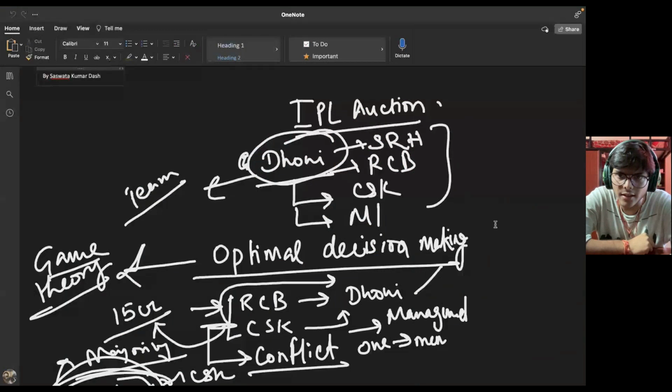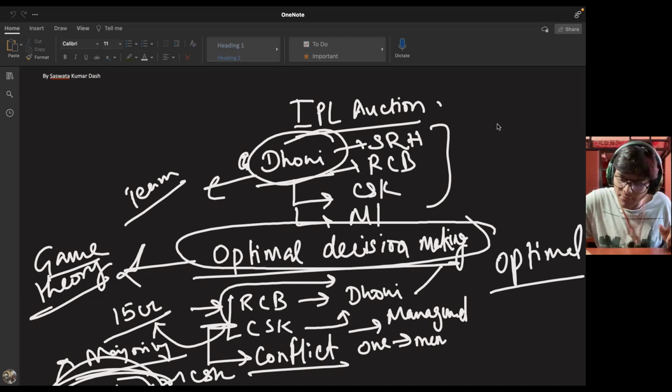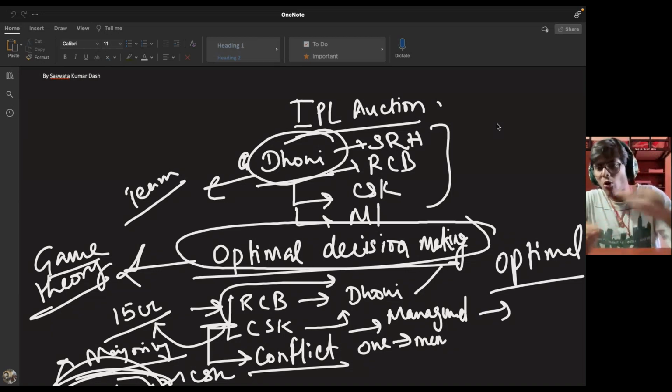As we have written here, game theory is optimal decision making. It's a decision that is made by everyone in that game. Everyone in that game wants Dhoni, like in the CSK management, all want Dhoni. There's no conflict in the CSK management.